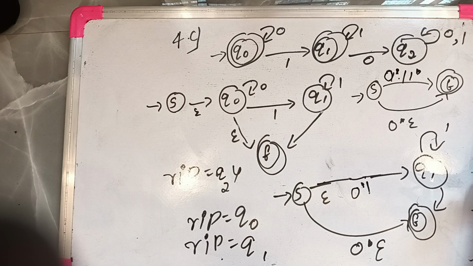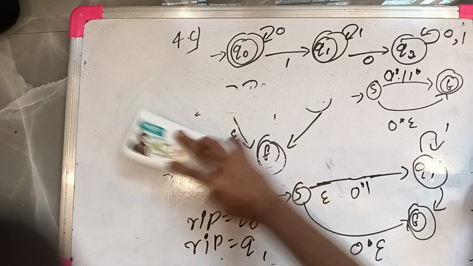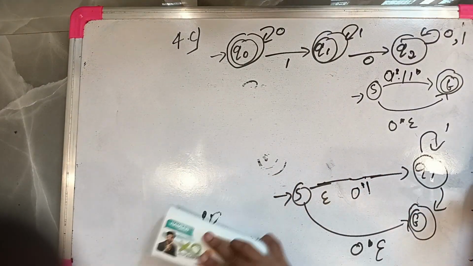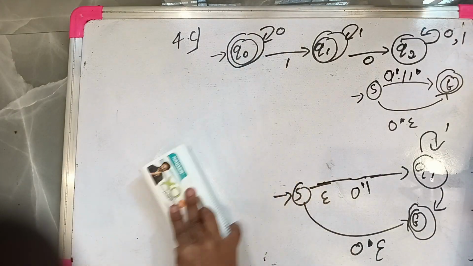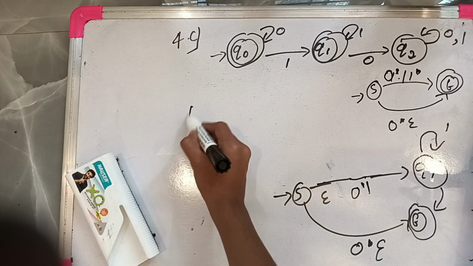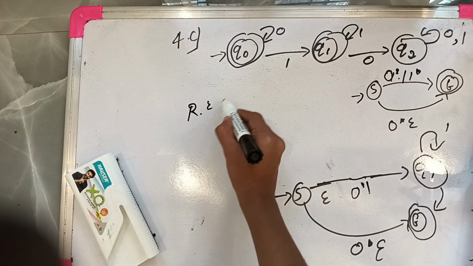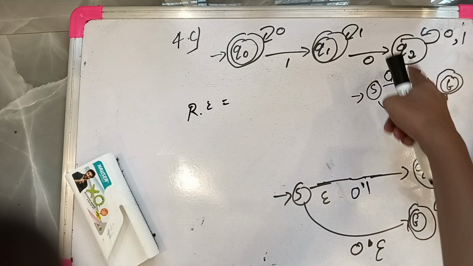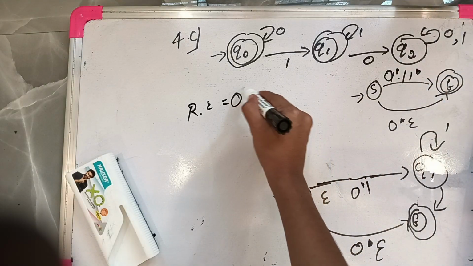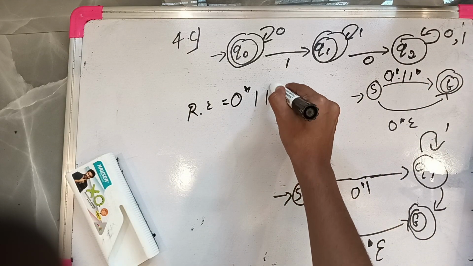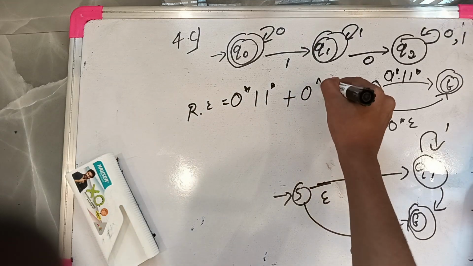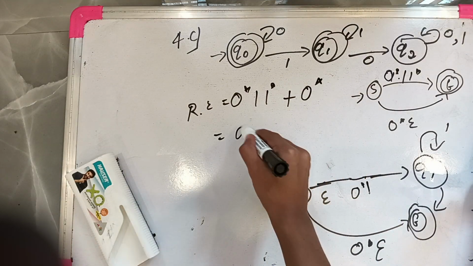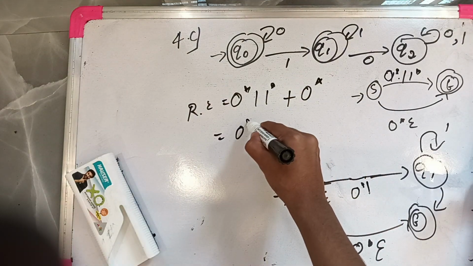Next, to get the final solution, what is the final regular expression? I need to add both, because there are two paths, and take 0 star outside.